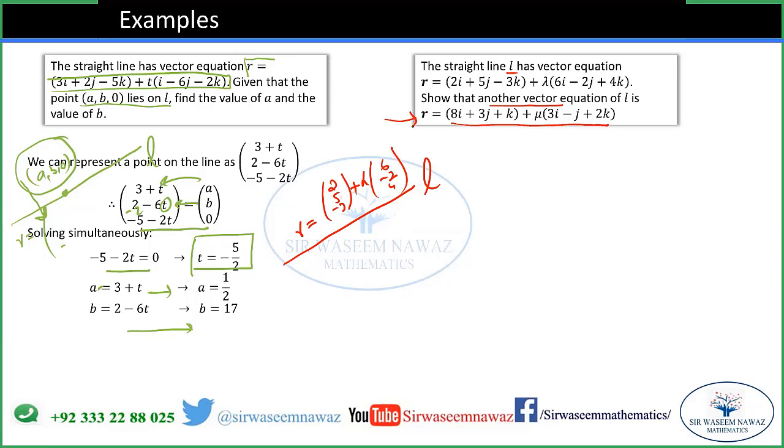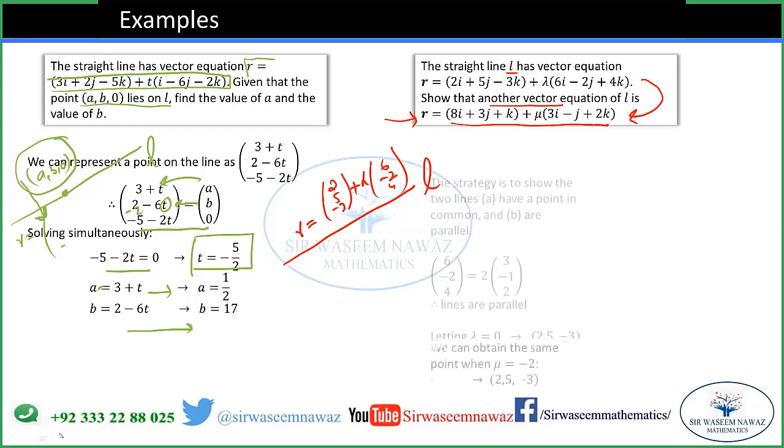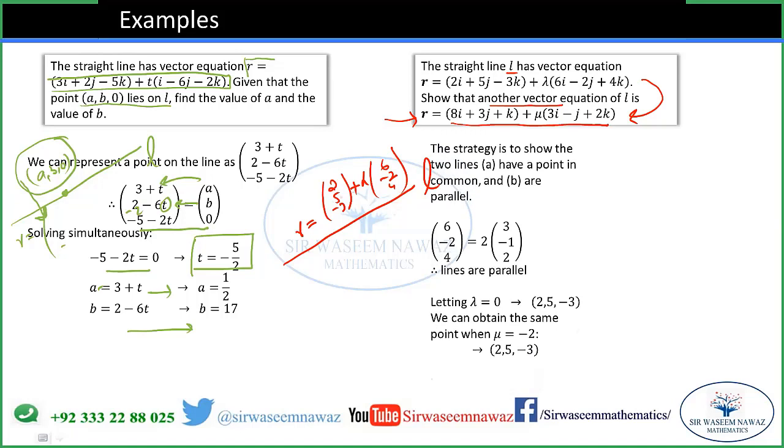Now, how can we do that? The first thing, because these two equations are the equations of the same straight line, they must be equal. So what we do here is equate them. Our first equation will be (2 plus 6 lambda, 5 minus 2 lambda, -3 plus 4 lambda).